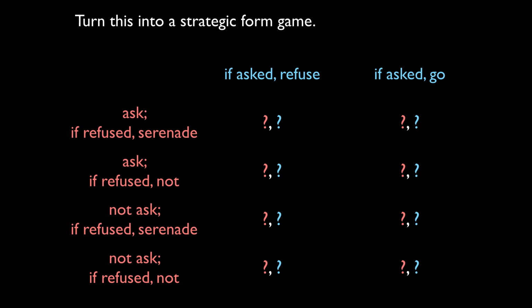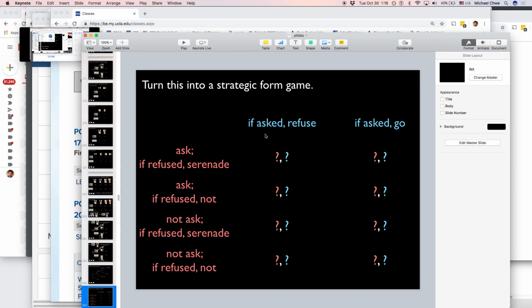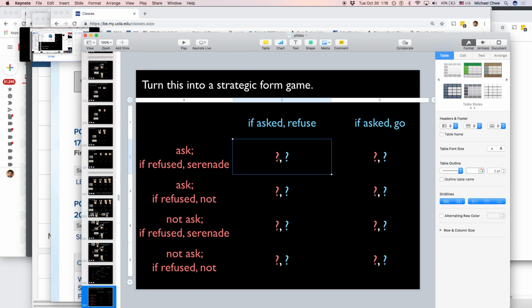Okay, so let's fill in these things. What goes in here? If 1 asks, and then 2, if asked, refuses, and then what happens? Then the serenade occurs, right? So this is, I think, minus 100, minus 20. How about this?